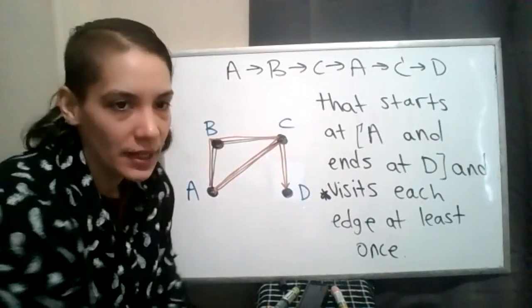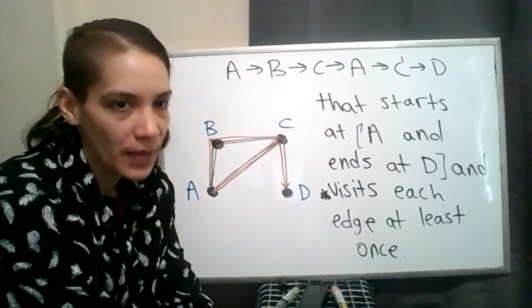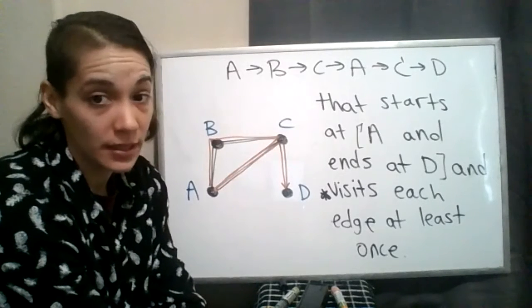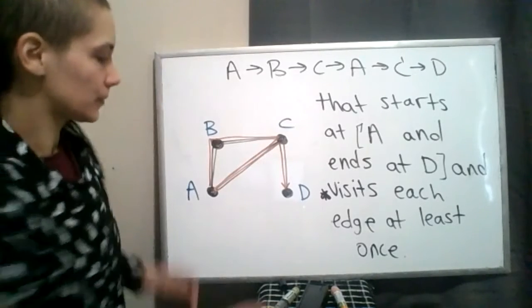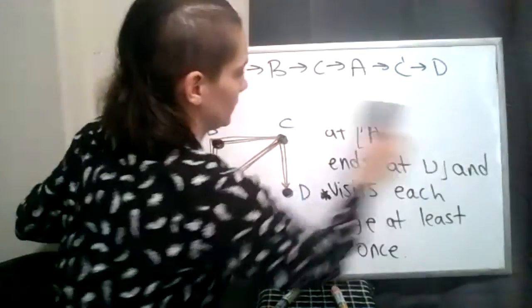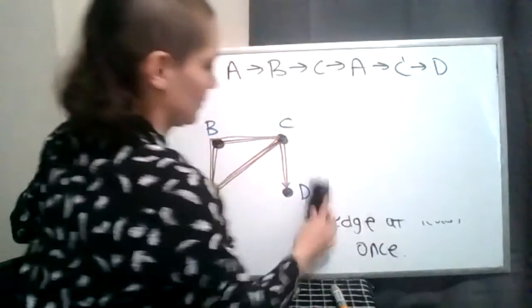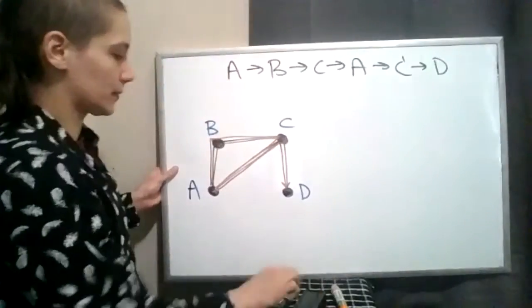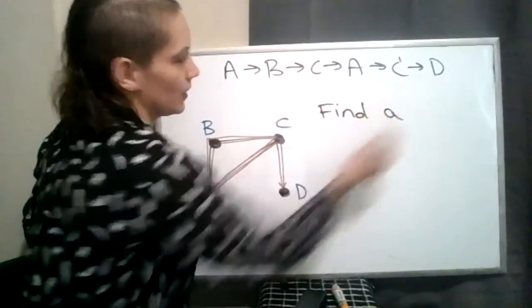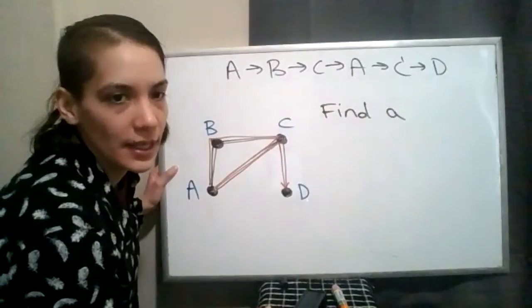All right, the next part is find a path that travels along every edge once and only once. A path.